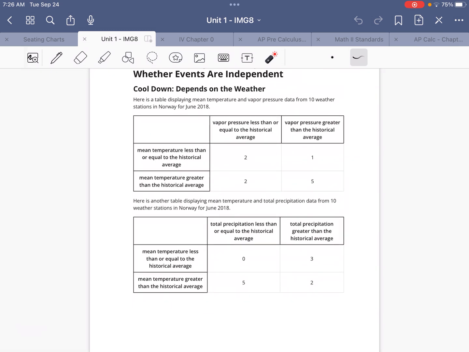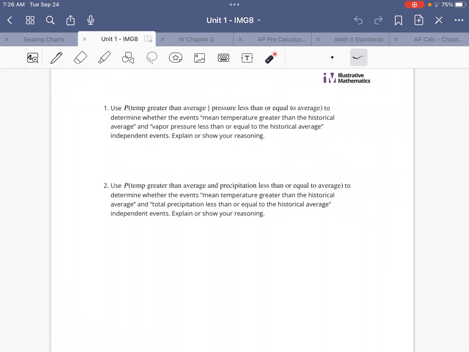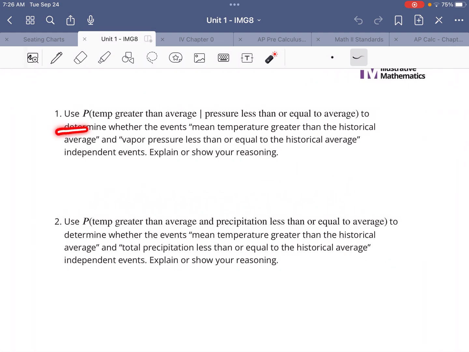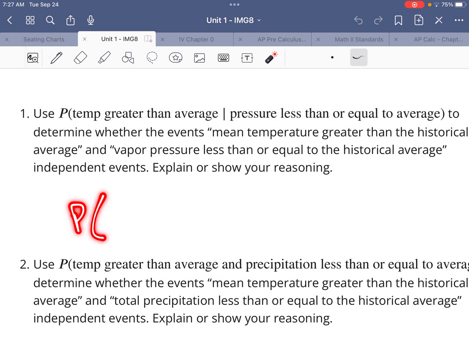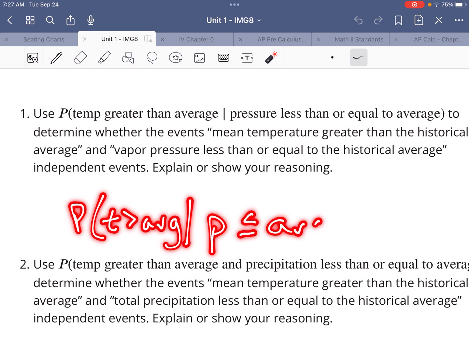So here's a table of values, and here's another table of values. Use the probability of a temperature greater than average, given that the pressure is less than or equal to average, to determine whether the events are in fact independent. So, the probability of temp greater than average given pressure less than or equal to average.